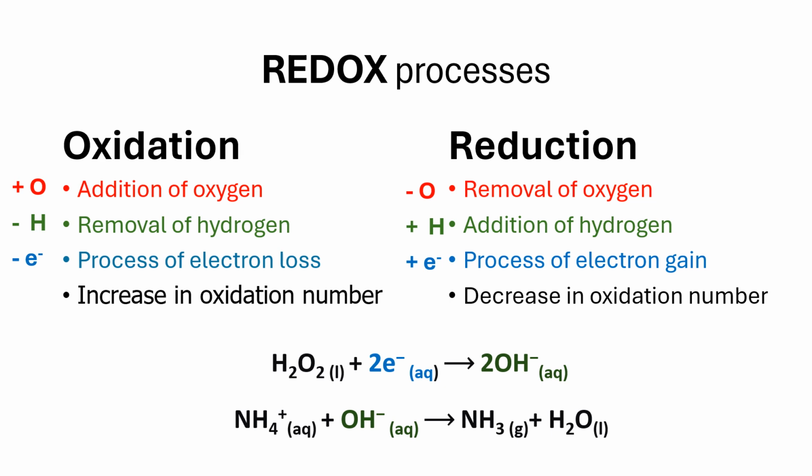Oxidation, very simply, is the addition of oxygen, which everybody understands. Iron rusts, so solid iron goes to iron oxide, addition of oxygen. Removal of hydrogen is more difficult to think about, but one good example is getting vinegar from ethanol.